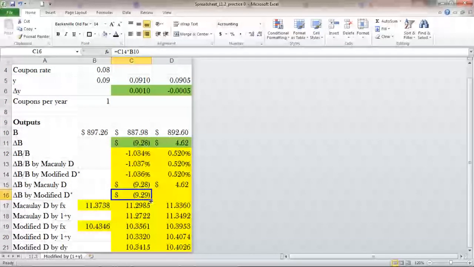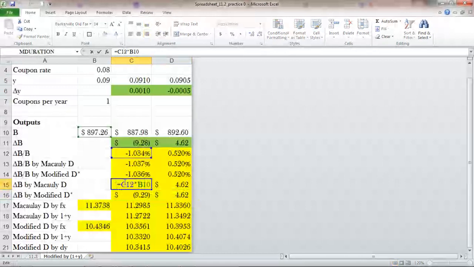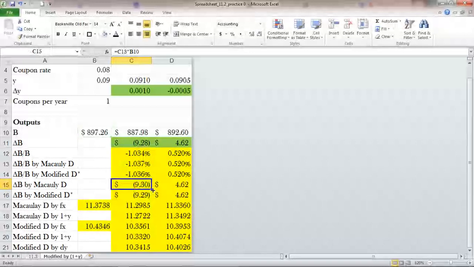No, not move, but copy and drag. Okay. The percentage change in bond price by Macaulay duration is this times B10. There you go.